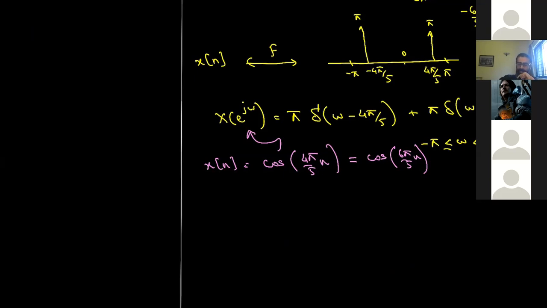So just make it a point that if you subtract 2 pi, you're actually saying that cosine 6 pi by 5n is cosine of 6 pi by 5n minus 2 pi. I know that's true, right?